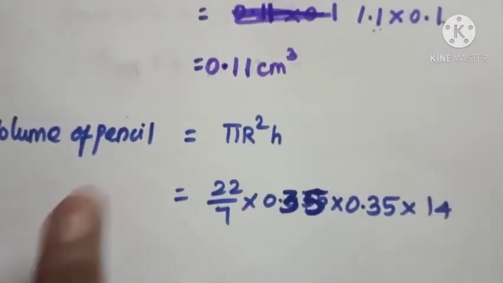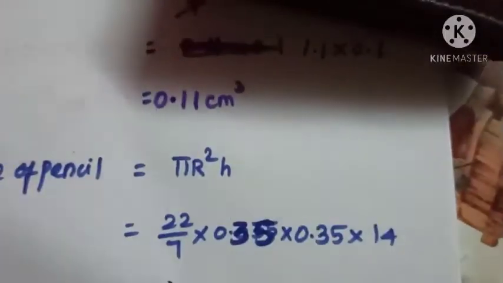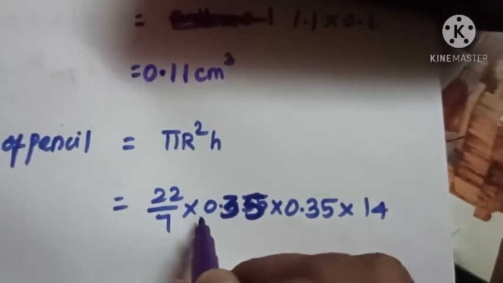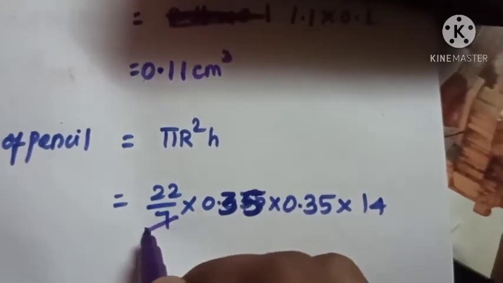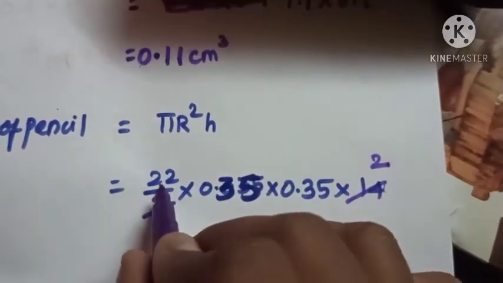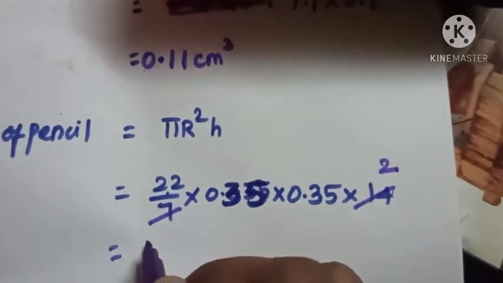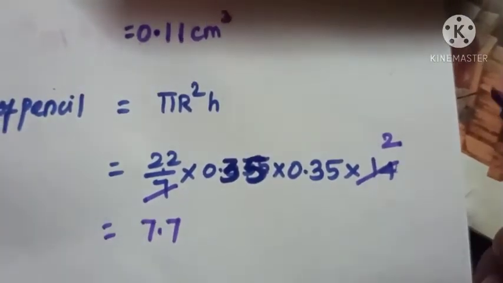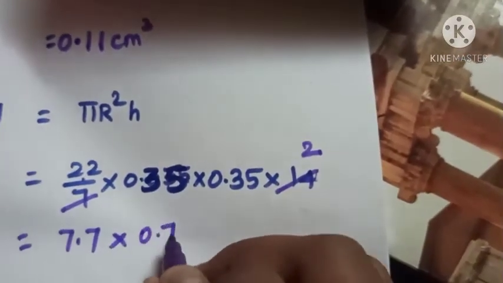Next we find the volume of the pencil. Pi r square h, we just substitute the radius: 22 by 7 into 0.35 into 0.35 into 14. So 1 7s are 7, 2 7s are 14. Now we multiply 22 into 0.35, you get 7.7. Next we multiply 0.35 into 2, you get 0.7.